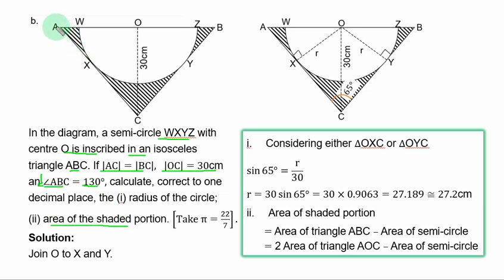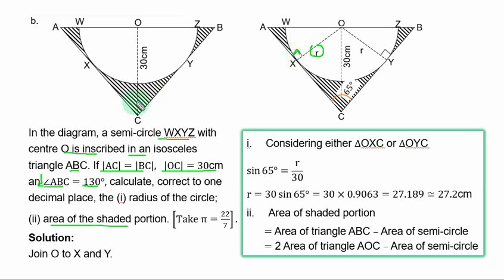Solution. From A to B is diameter. To get the radius, you simply join O to S or you join O to Y. In fact, you join both. After doing that, this becomes the radius. This angle is 90 because angle in a semicircle is 90 degrees.